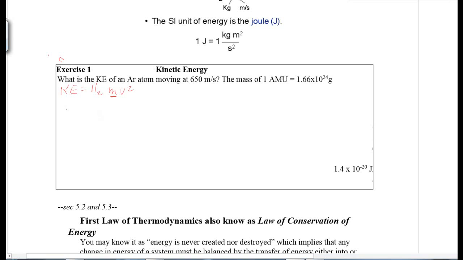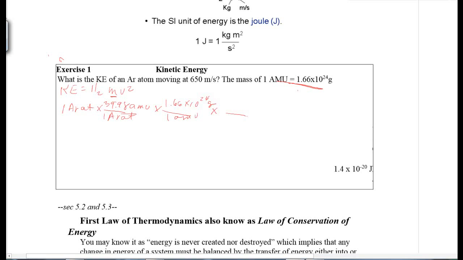Okay, so what I know is I have one argon atom, right? I'm just going to call it one argon atom. And I know from the periodic table that it has 39.98 AMUs, right? And I also know from what's given to me here is that 1 AMU is 1.66 times 10 to the minus 24 grams.